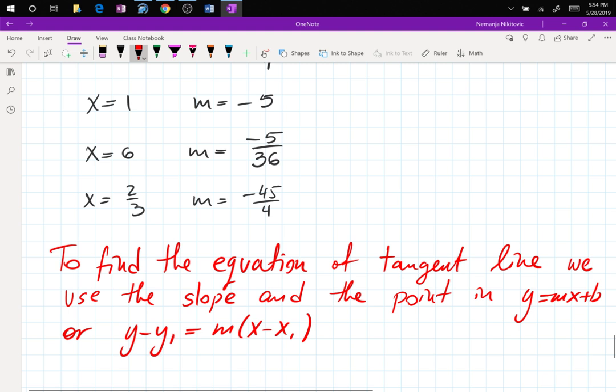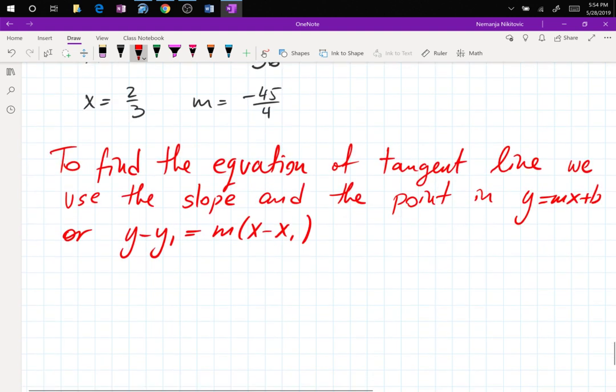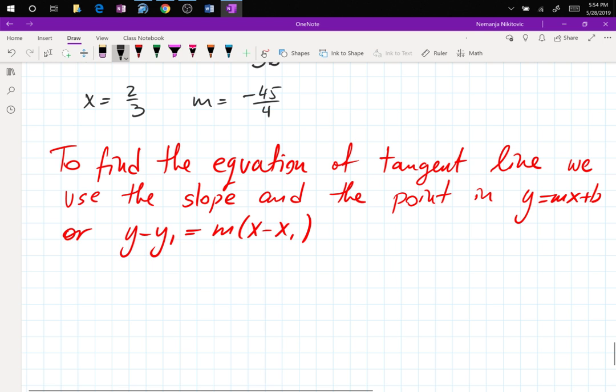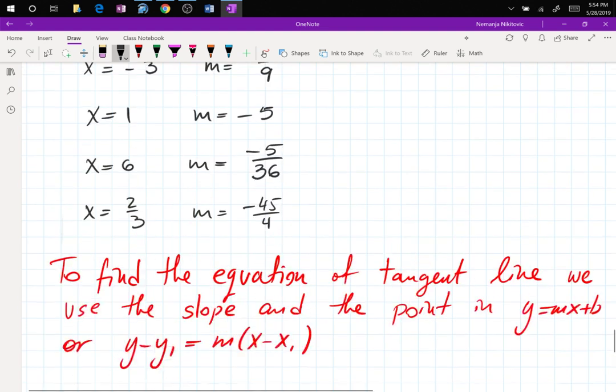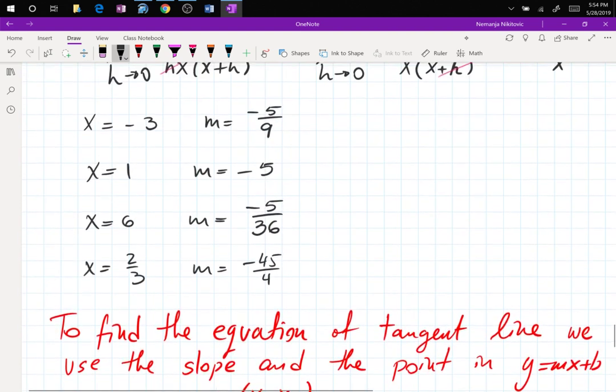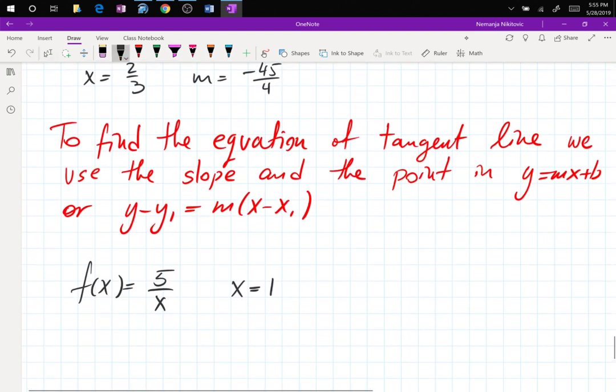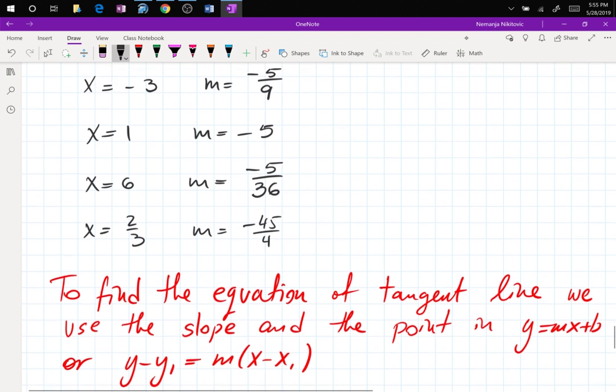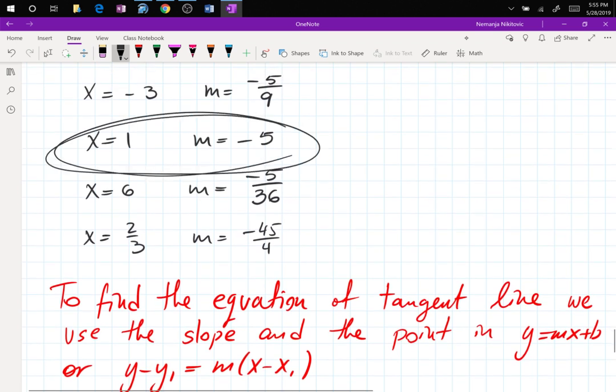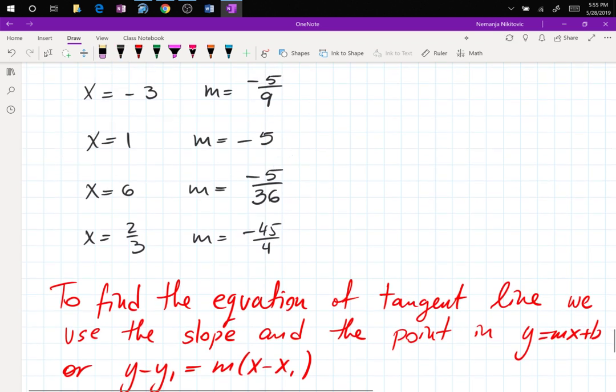So what do we have? We have these specs. F of x is given as 5 over x. X was given as 1, and slope m was negative 5. That was given to us as one of the calculations, one of the options.